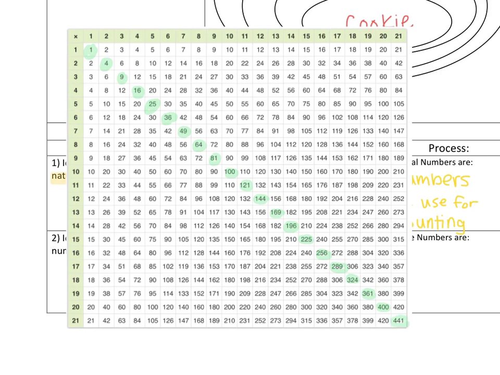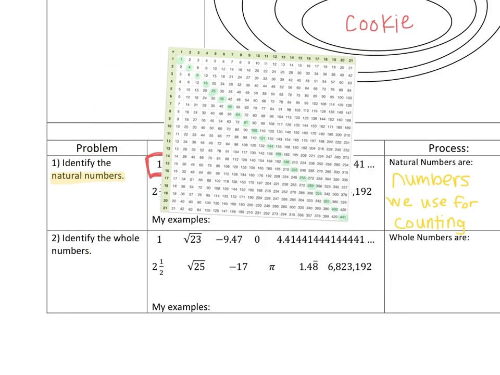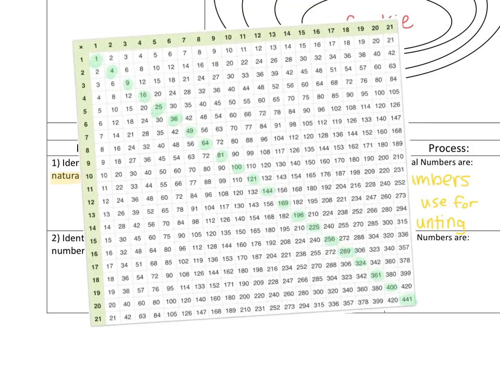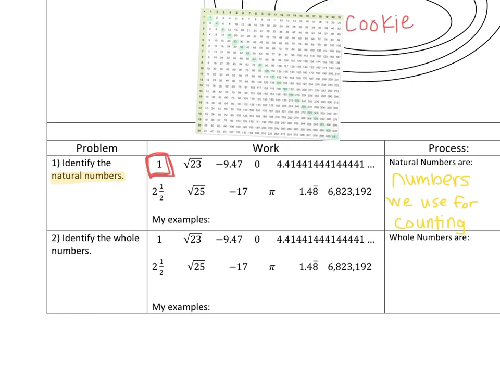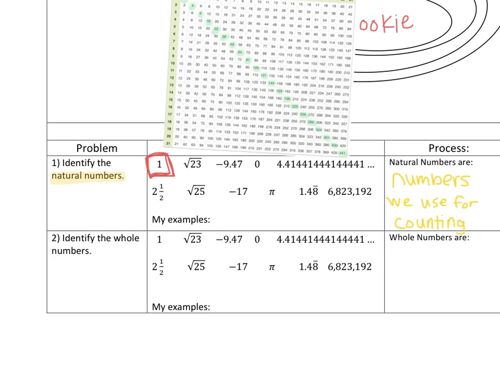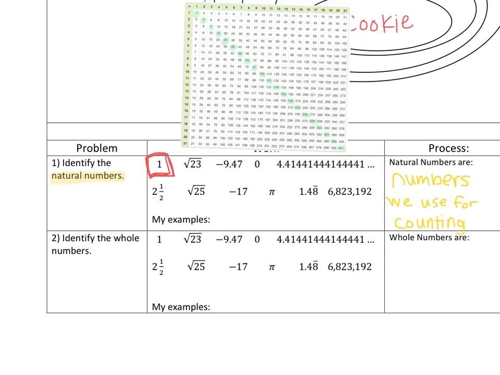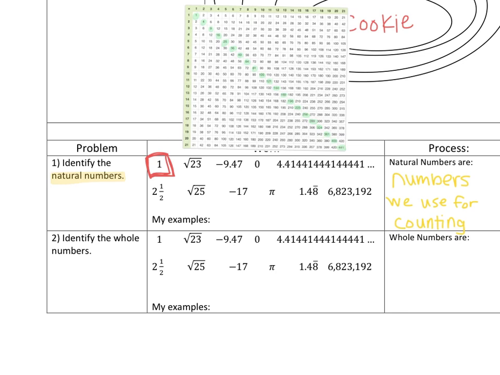Those are the numbers that are perfect squares. Those are the ones we want to keep in mind. Is 23 one of them? Nope, I don't see 23. So that means that it's not a natural number because there is no perfect square root of that. So we're going to cross that one off.